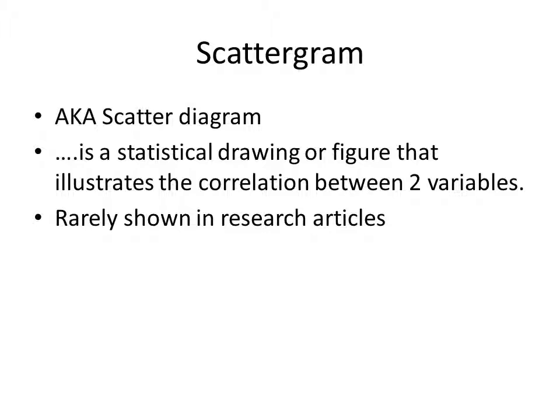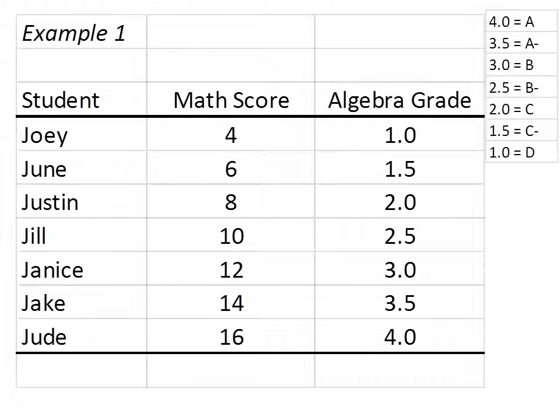It is a statistical figure or drawing that illustrates the correlation between the two variables. This is rarely shown in research articles, but while they are seldom presented in research reports, by studying scattergrams in this section, you will understand them. So let's look at example 1.